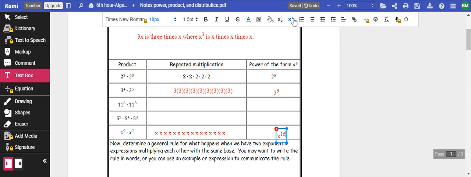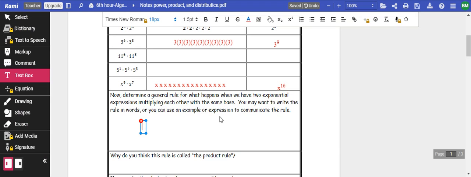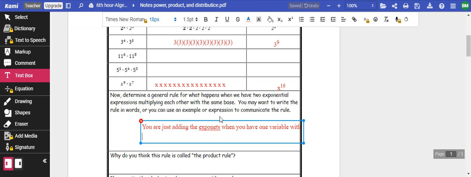So what is a rule we could make from this information? You are just adding the exponents when you have one variable with an exponent multiplied by another. Sorry about my spelling.